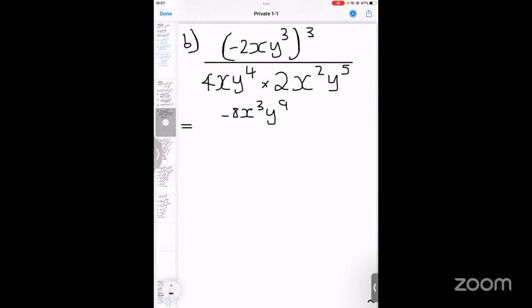Then next, for the denominator you write 8x to the power of 2 and y to the power of 12. Okay, 12.